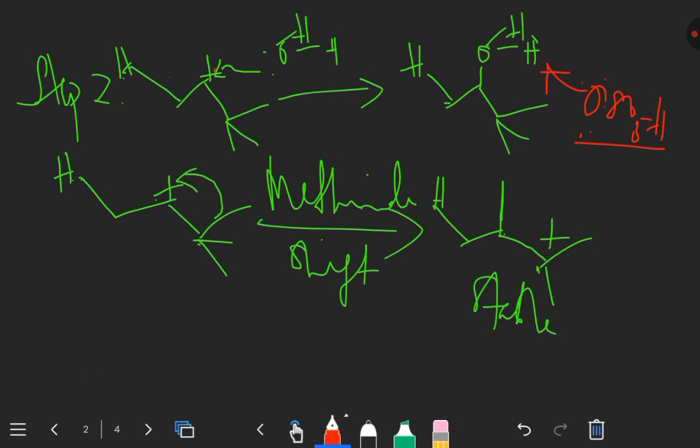So what I've just done is removing the hydrogen from this sulfuric acid. I've just removed this hydrogen, so this is the base I've used there.